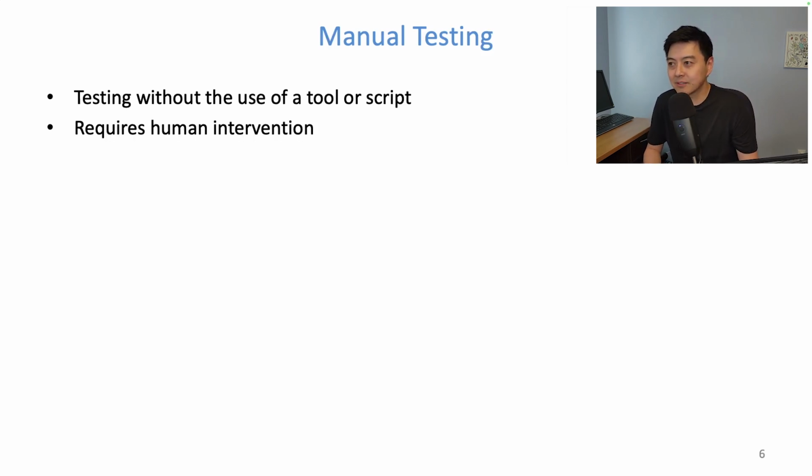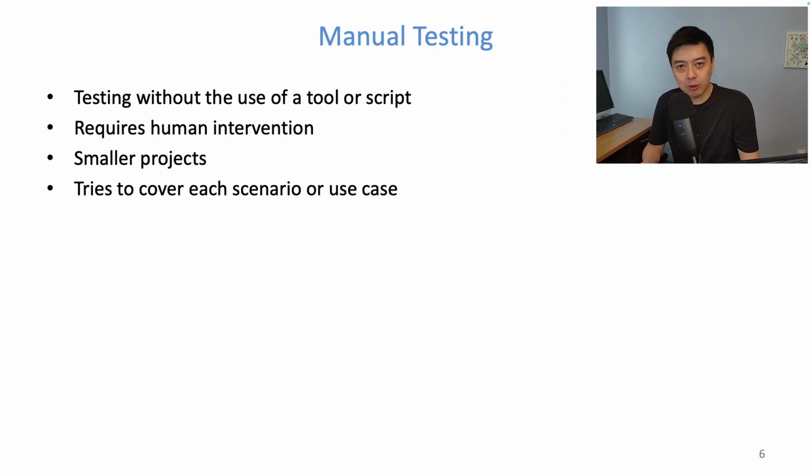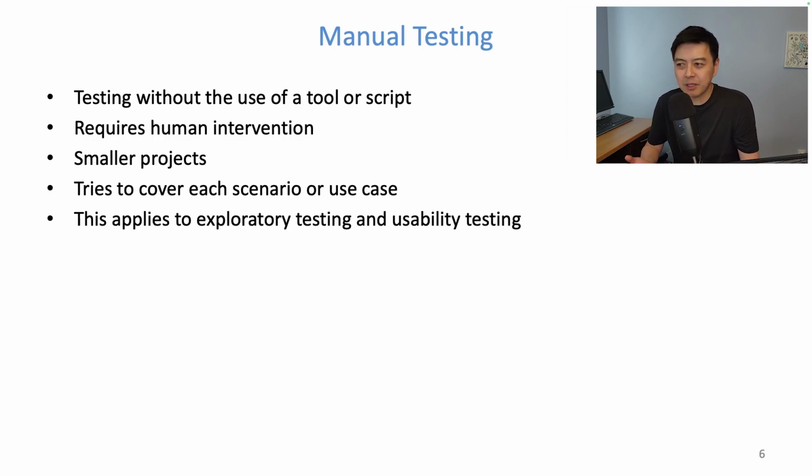So mostly this involves human intervention, and it's usually reserved for smaller projects, ones without high levels of integration, and it tries to cover each scenario or use case. So this is basically a focus on the requirements, and it's usually applied to exploratory testing or usability testing, but of course, manual testing could apply to a whole range of different types of tests.